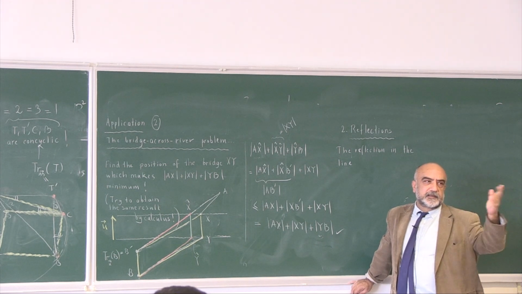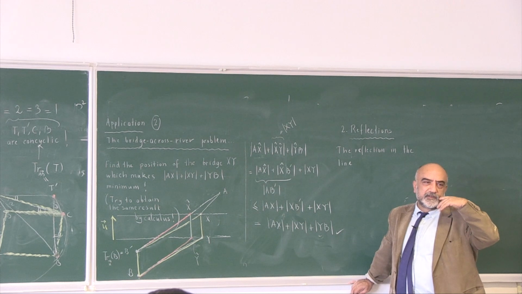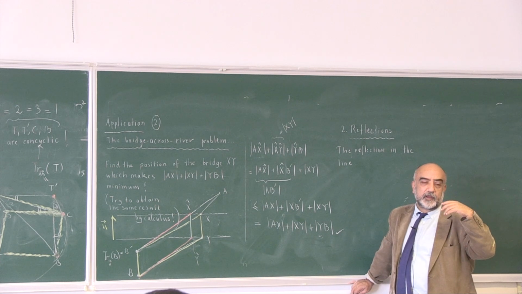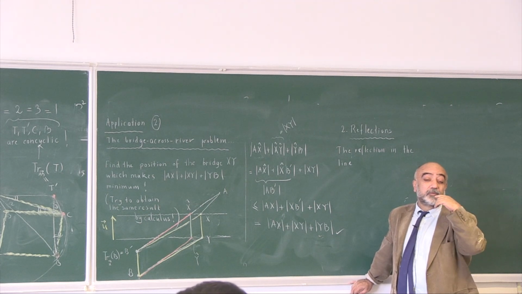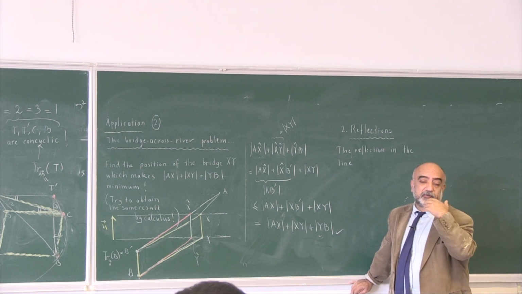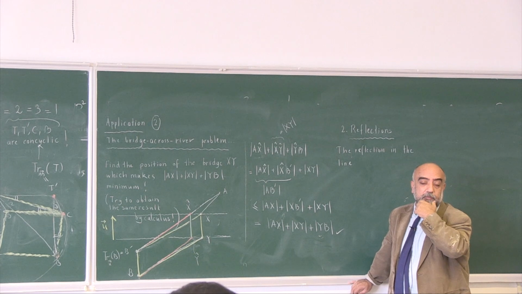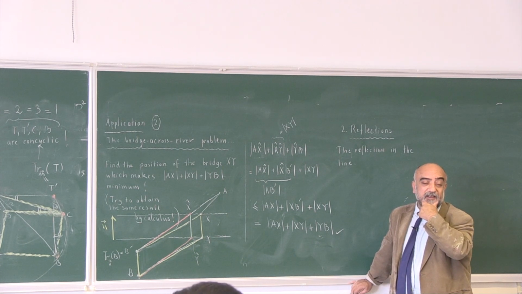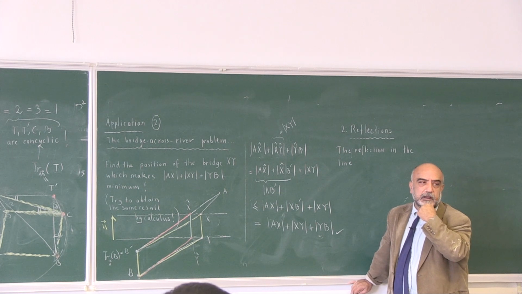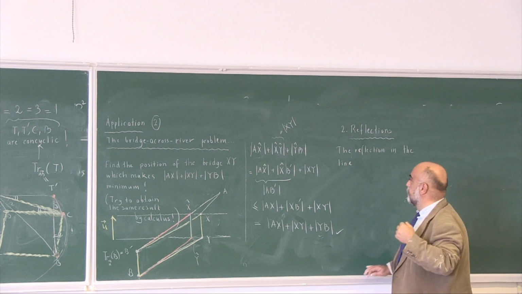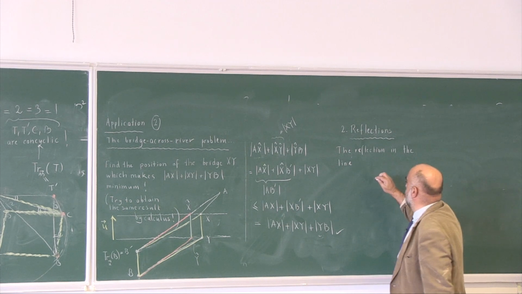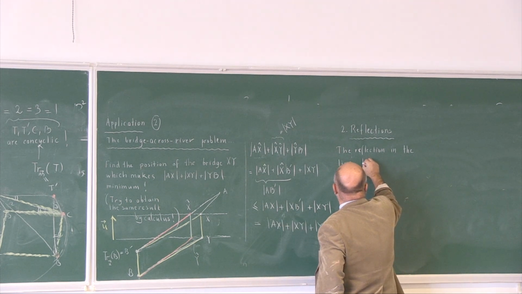So duvardan yansıma, okay? So that's always reflection from something, or reflection on something, perhaps, occasionally. It's more rare. But the English language talks about reflection in a mirror. Reflection in a mirror. So we shall be talking about reflection in the line K, so small k.